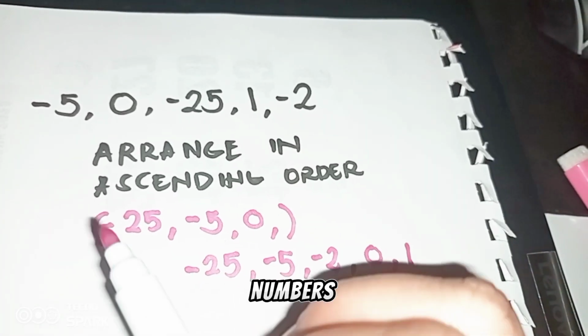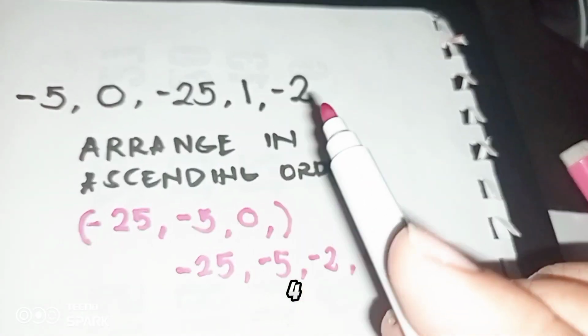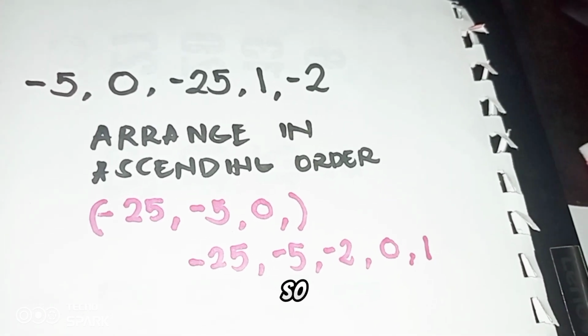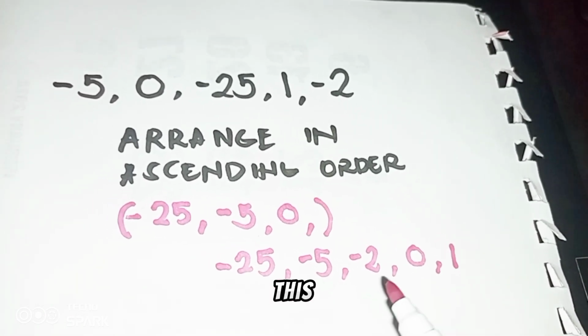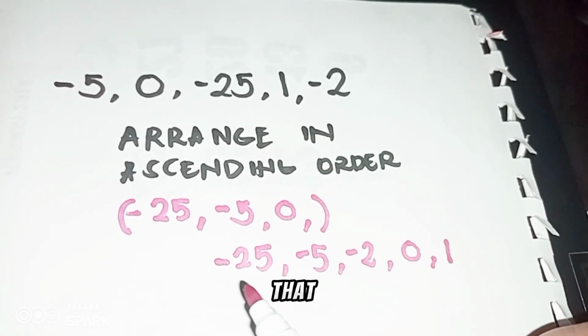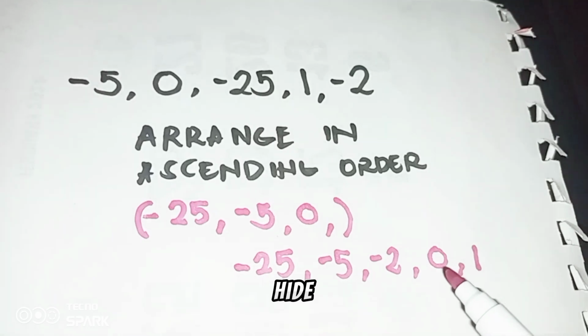So how many numbers? 1, 2, 3, 4, 5. So this is arranged in ascending order, from lowest value going to highest value.